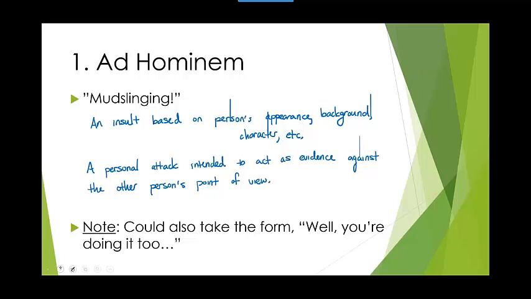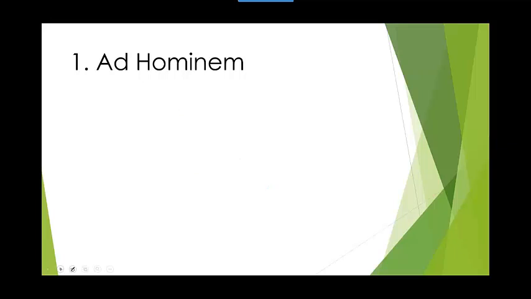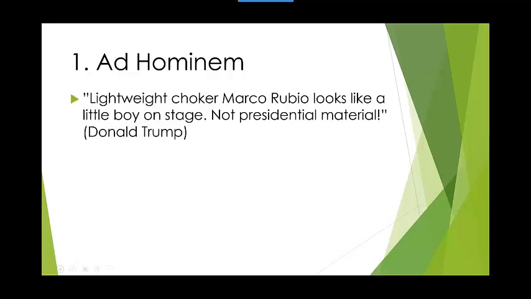Okay, a couple examples here. And I'm going to preface this by saying I am not trying to espouse any particular point of view. So for any of these contentious things, I am putting one example from each side. Here's an example from Donald Trump's Twitter account. He says, "Lightweight choker Marco Rubio looks like a little boy on stage.